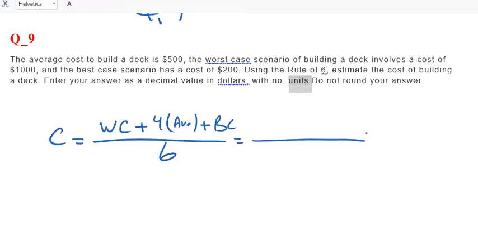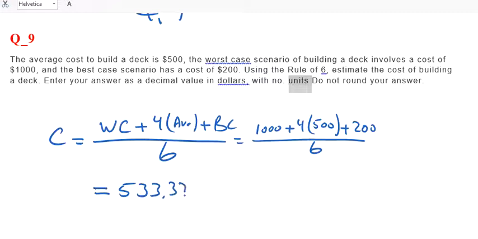Here the worst case scenario is 1000 plus 4 times the average cost, which is 500, and the best case scenario is 200, divided by 6, and that's equal to 533.33.